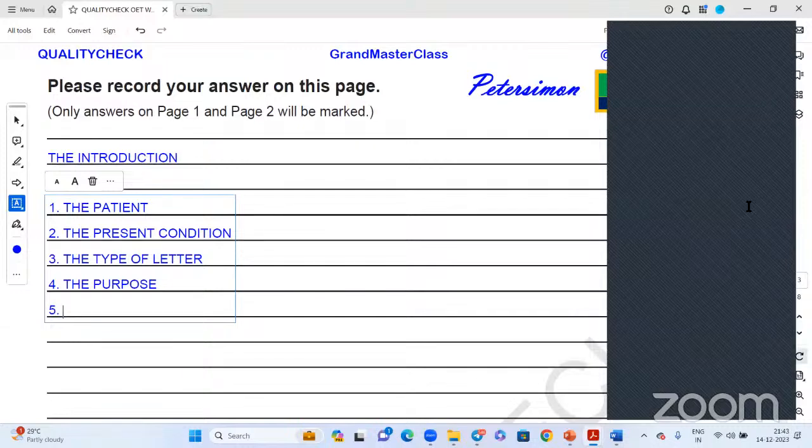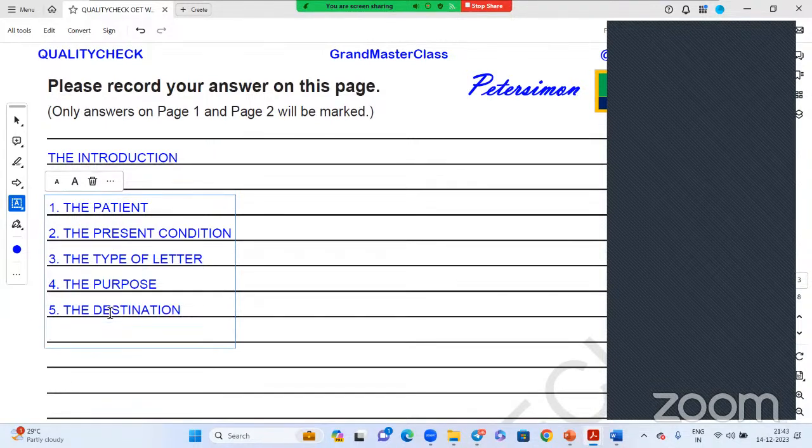That is the type of letter. And where is he going, for example? When is he being discharged? Sometimes I'm giving you different points here. Where? The destination. Where is he going?